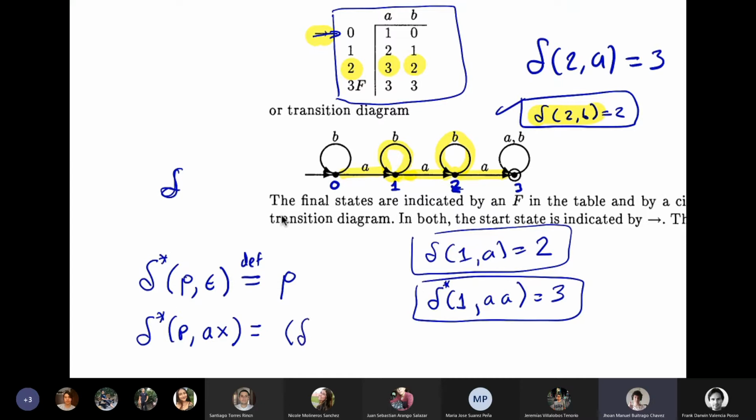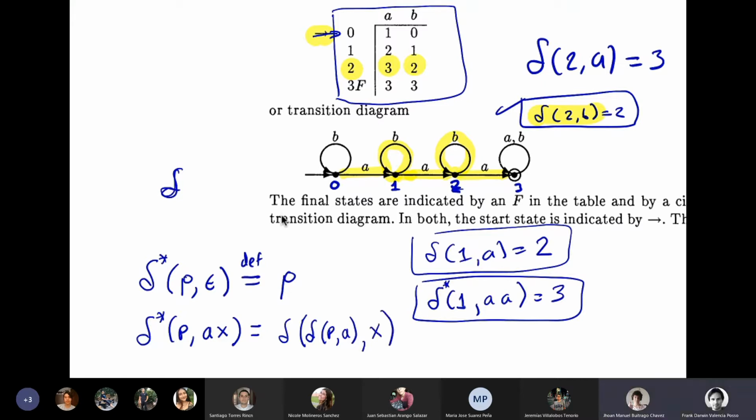I mean, delta, parentheses, another delta, parentheses, P and the string A, close that, and the string that the first delta takes is X.